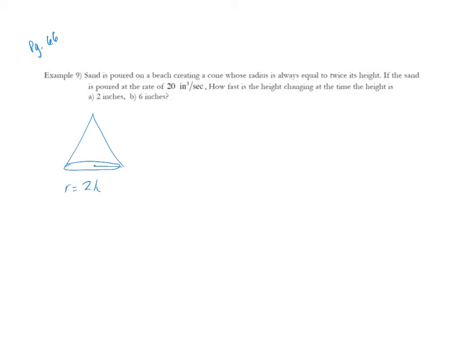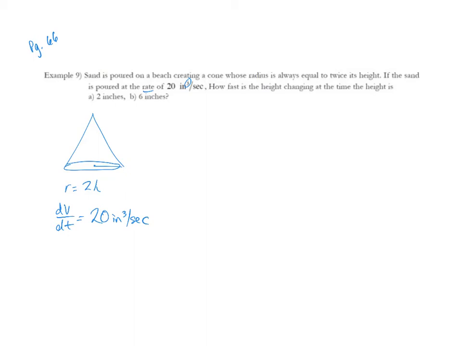If the sand is poured at a rate of, so I have a rate here, so that's going to be some d over dt, of 20 inches cubed per second. Well, inches cubed right there tells me that I'm dealing with a volume. And because it's a rate of a volume, I have dV/dt is 20 inches cubed per second.